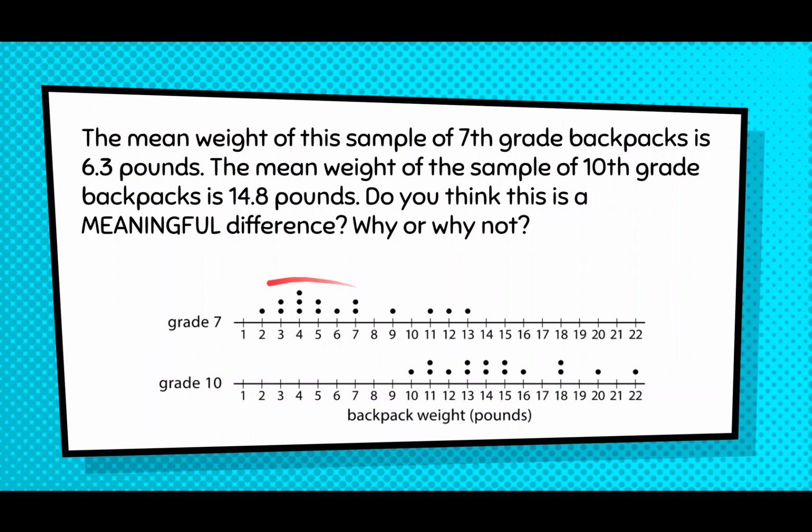So that might explain why 7th grade backpacks tend to weigh a fair amount less than 10th grade backpacks. So we can use different data plots not only to compare, are the differences meaningful, but also to try to understand more about the samples that were surveyed and the populations that they represent.